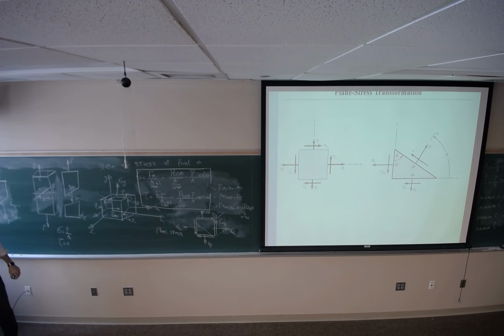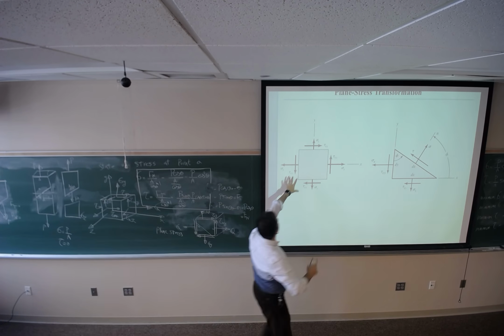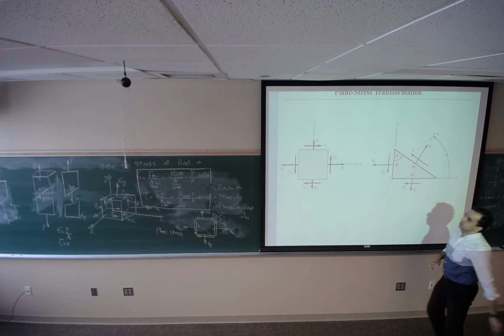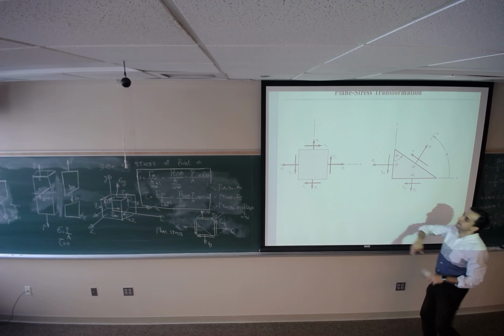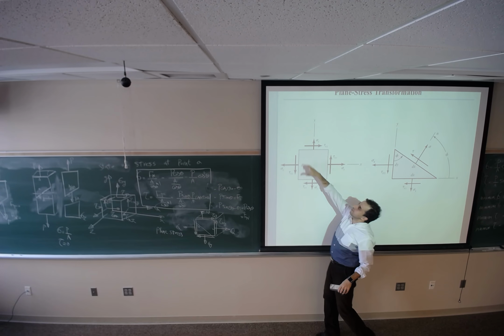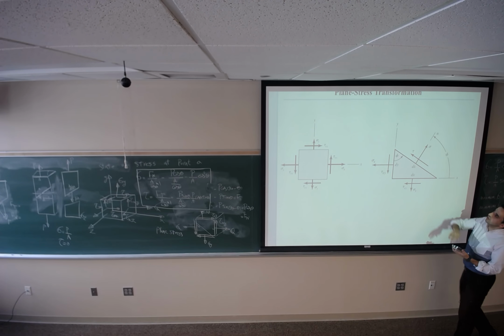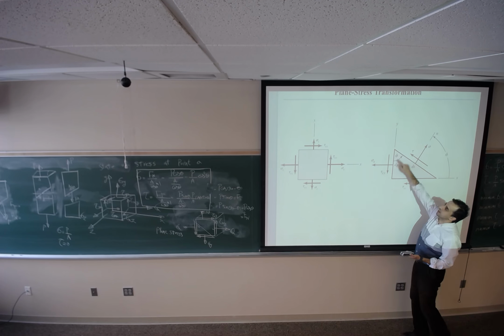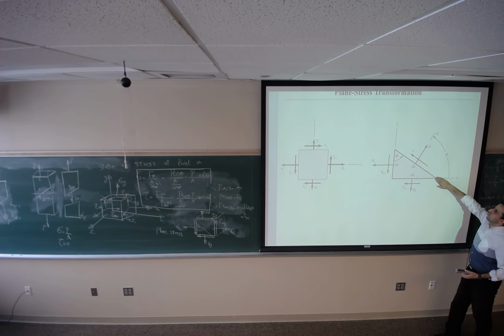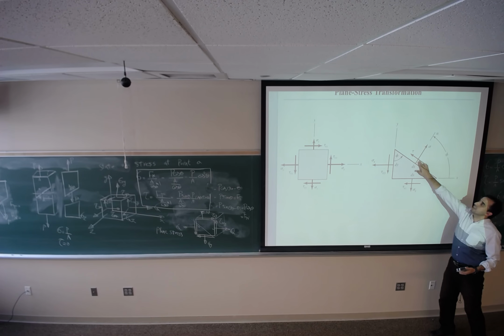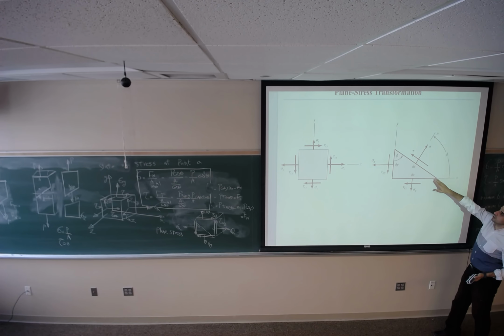So if we have this square, which is representing the plane stress, as you see up there, and I change the plane, how can I change the plane? Just cut it with the angle of phi. I would like to find the normal stress and shear stress corresponding to this new plane.